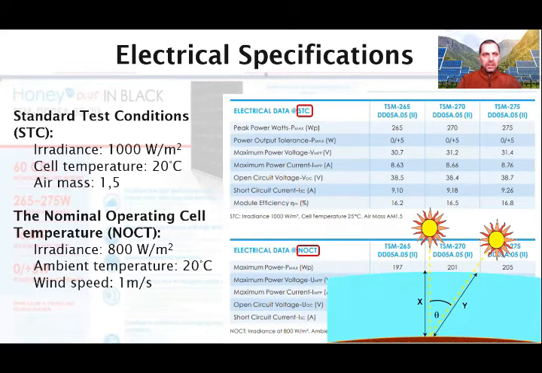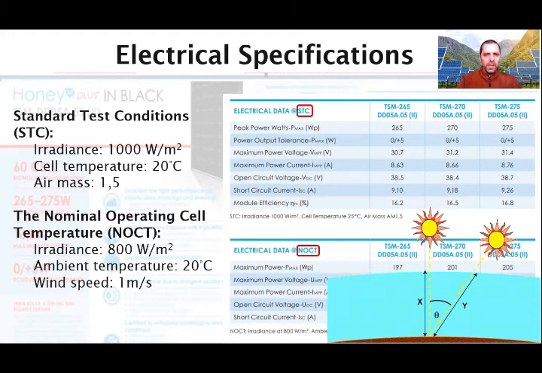The panels are tested once in this optimal case and once with lower and much more realistic conditions. So STC is the first. STC, or standard test conditions, are where irradiance is 1000 watt per square meter, the module temperature is 25 Celsius, air mass is 1.5.